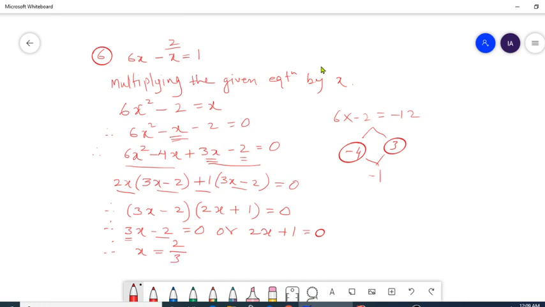So x equals to 2 by 3, or here x equals to minus 1 by 2. So your answer is 2 by 3 and minus 1 by 2 are the roots of the given equation.